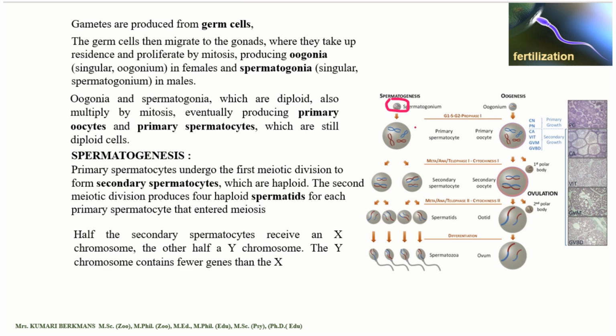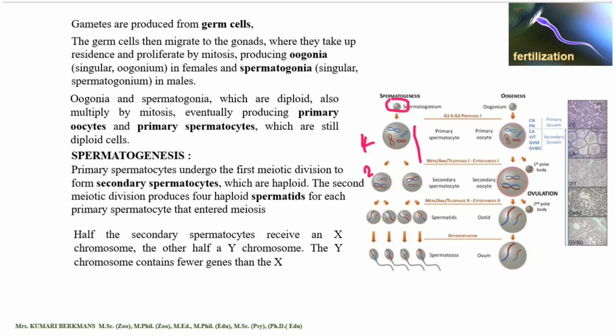These homologous chromosomes pair together. This division is called reduction division. What happened here: 2 chromosomes come to this side, one mother chromosome and one father chromosome, come to this cell, and the next 2 come to the next cell. So the 4 chromosomes are divided into 2.